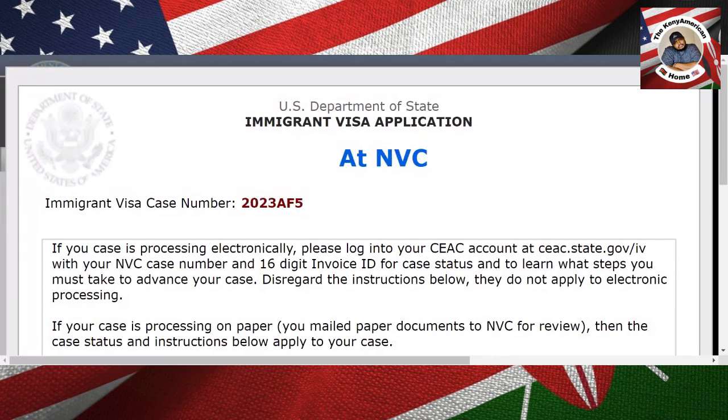So whenever the embassy is ready for case number 5, the embassy will let the Kentucky Consular Center know, and then that case will be taken from NVC to being in transit, and then from transit it's going to be ready. And then when it's ready, that's when you get your second newsletter, which they call the 2NL.